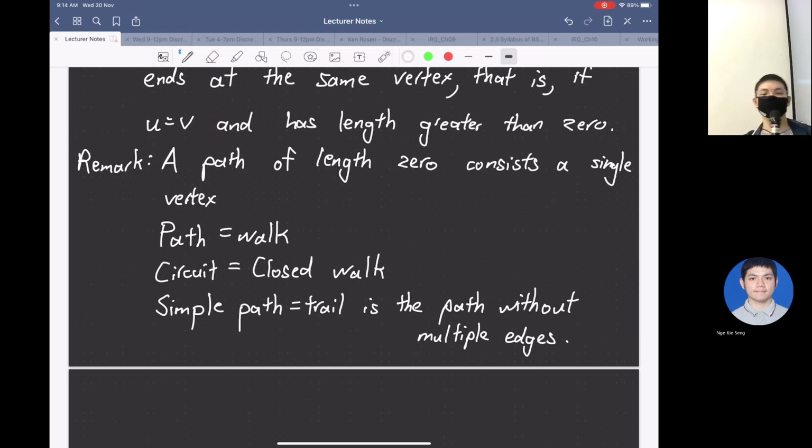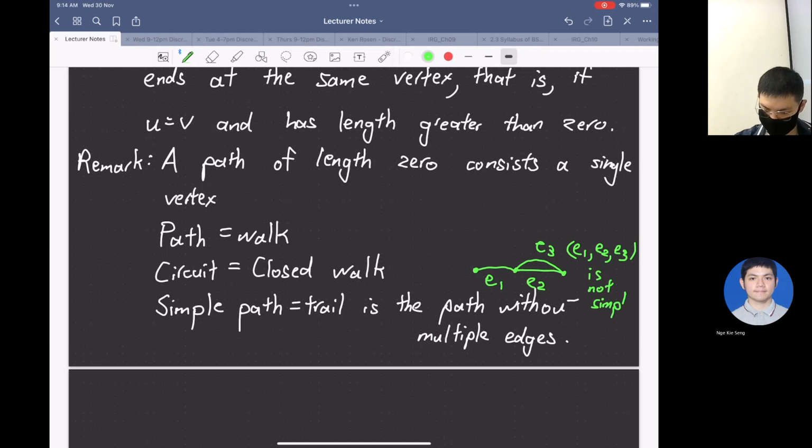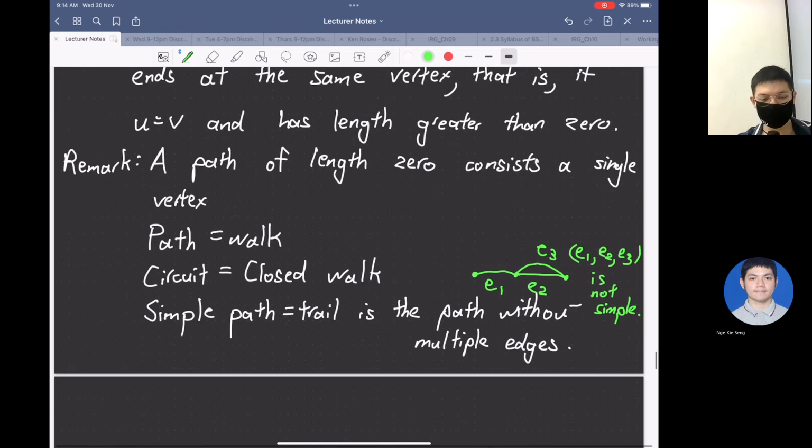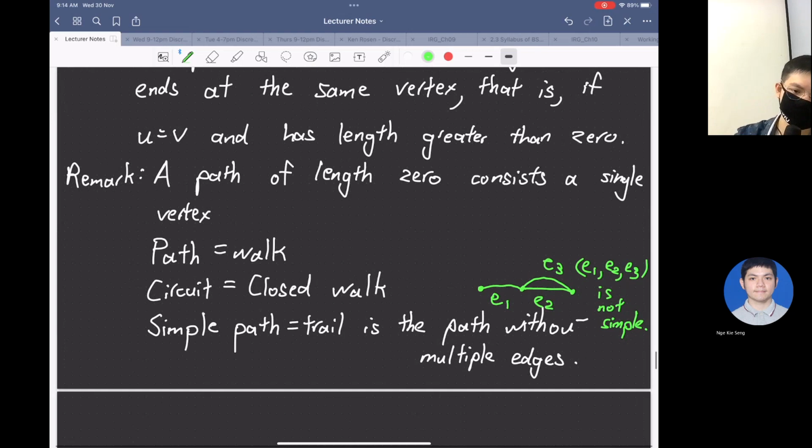So you don't have something like going e1, e2, e3, and repeating an edge. For this case, e1, e2, e3 is not simple. So no multiple edges.